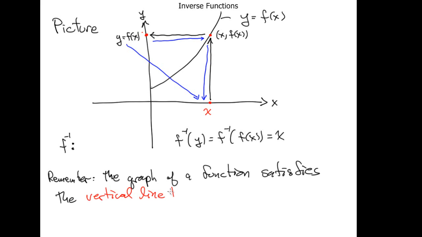And that's the test that says if you draw any vertical line in the plane, it intersects the curve in at most one point. So if you have a general curve like this, you draw any vertical line, it only hits the curve in one point. And that's so that if you pick an x and you're looking for a point on the curve, there's exactly one that you get to.